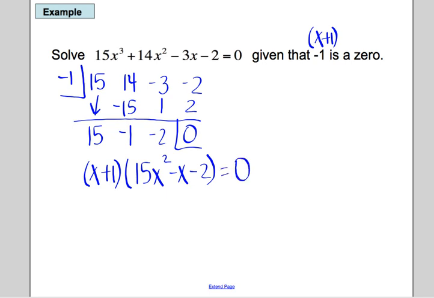We now need to solve this equation, so we're going to have to factor again. Let's go ahead and take that inside, that second piece, and we're going to multiply 15 and negative 2, negative 30, add to negative 1. Let's see, 5 and 6, we'll make the 6 negative. Put the pieces in the rectangle.